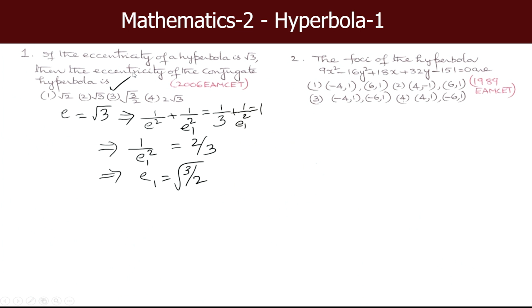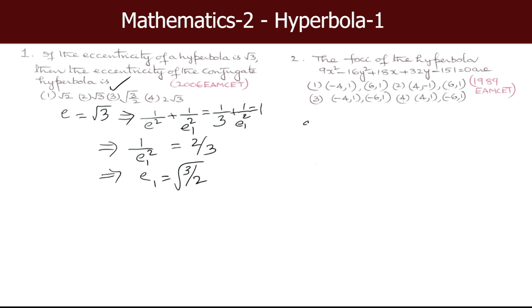The foci of the hyperbola 9x square minus 16y square plus 18x plus 32y minus 151 equal to 0. 89 EAPCET. Well, we have to first of all reduce this equation to the standard form by translating the axes to a suitable point, which is the center of the hyperbola.